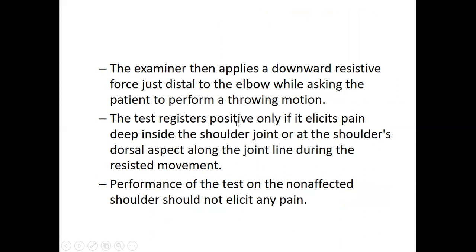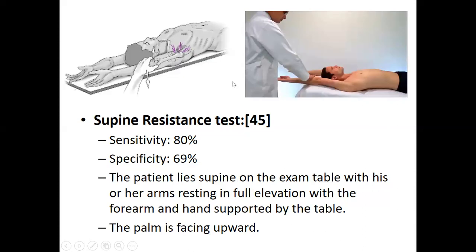It is considered positive only if it elicits pain deep inside the shoulder joint or at the posterior joint line during the resistive movement. Performance of the test on the non-affected side should not elicit any pain. This test is for checking if there is any SLAP lesion, so it will produce pain.